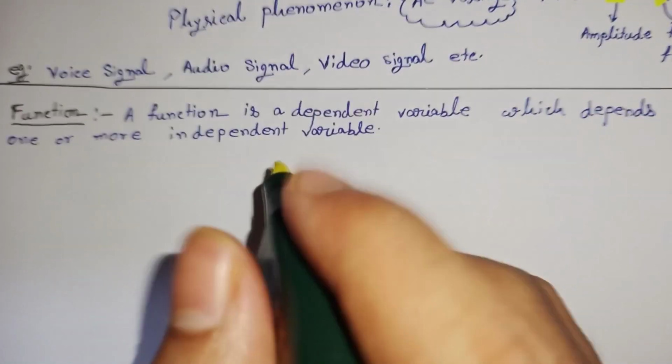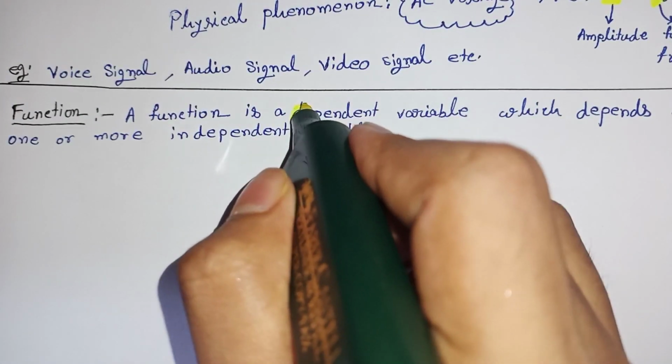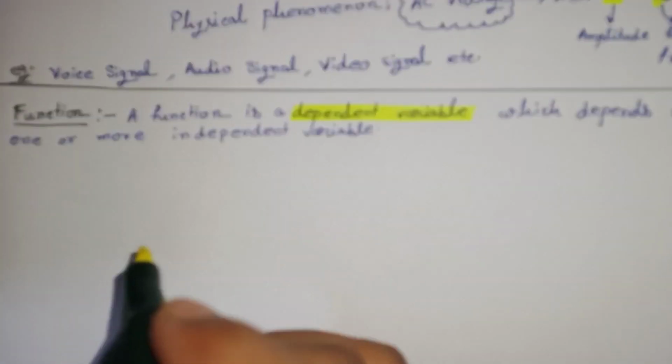Important part is dependent variable, which depends upon one or more independent variables.